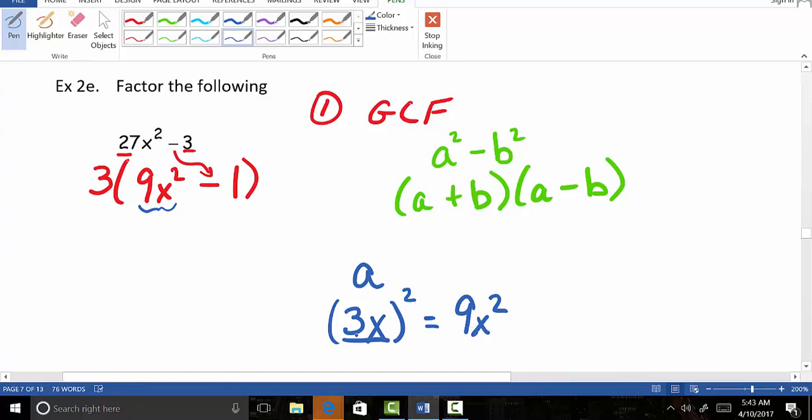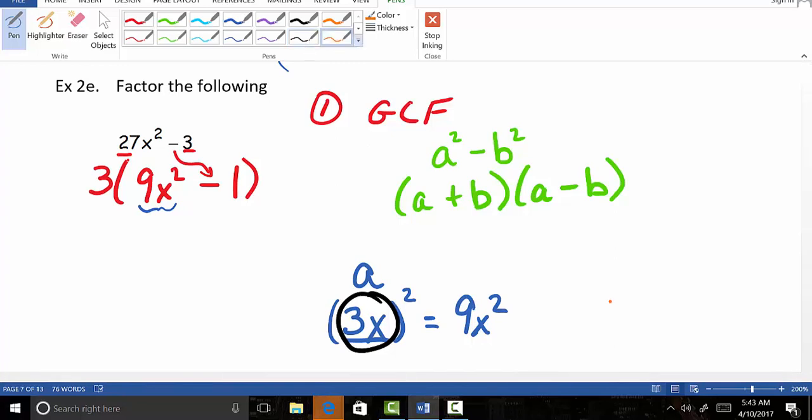So recapping one more time, to figure out the a value, we know that a squared was 9x squared. If we took 3, squared it, we get 9. If we took x and squared it, we get our x squared. By doing that, we've identified what a is.